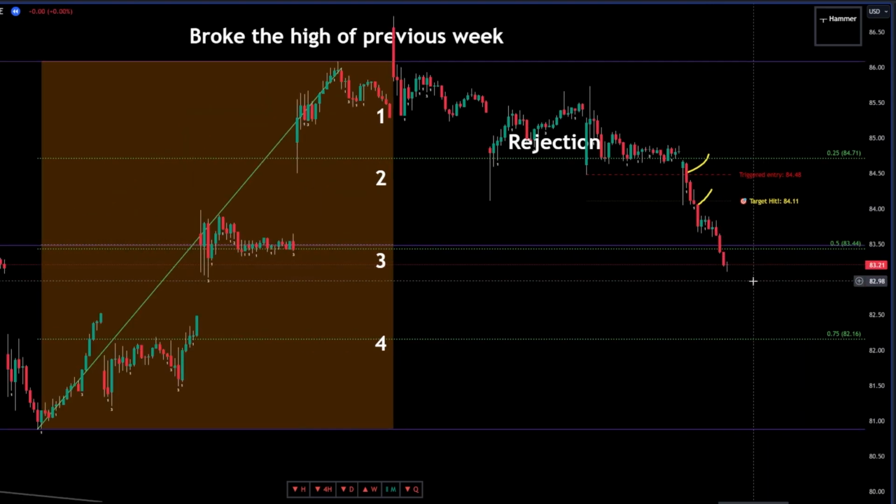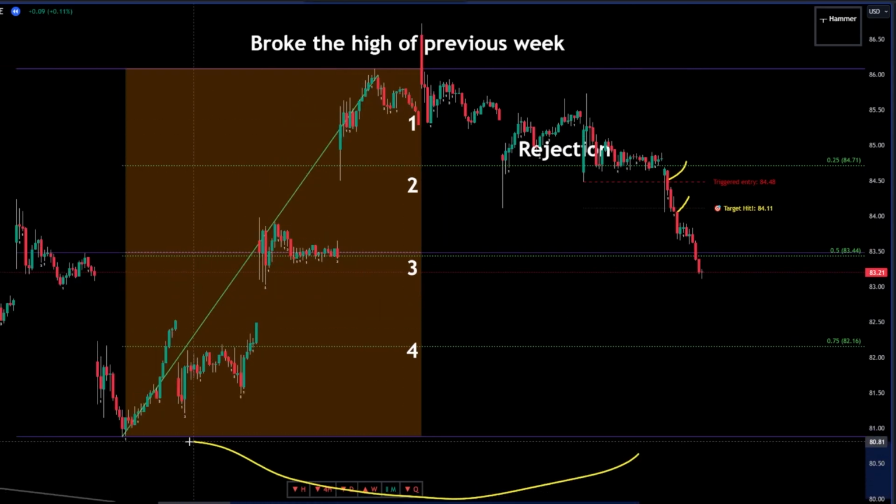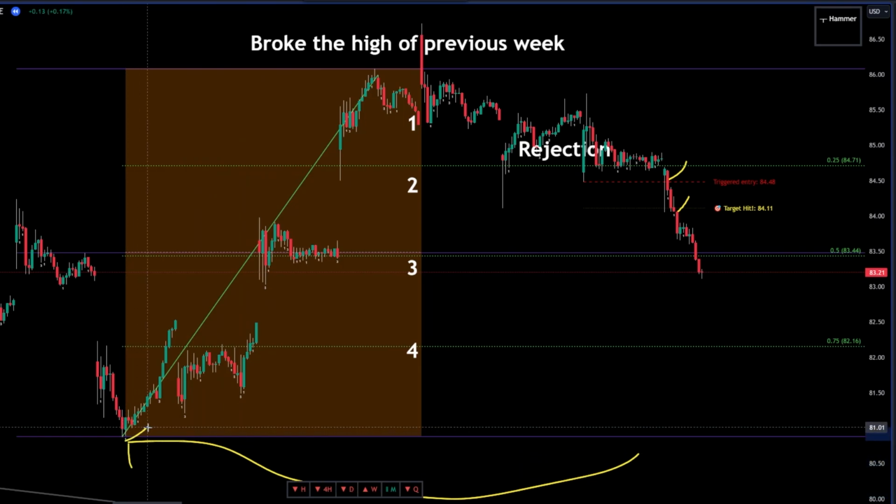And so now that we're active, what can we assume? With high probability, what is going to happen later this week on BABA? We can potentially go to the low of this previous week.